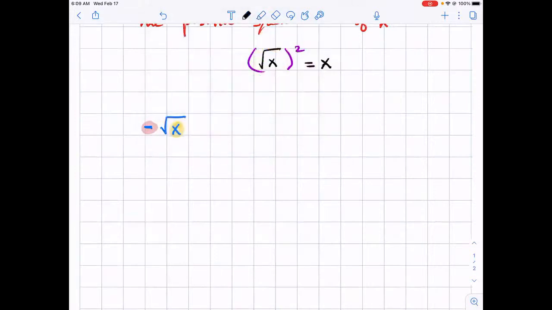Now, the positive root, let's look at an example. Most of you already know the square roots of numbers, right? Let's ask, what's the square root of 64?